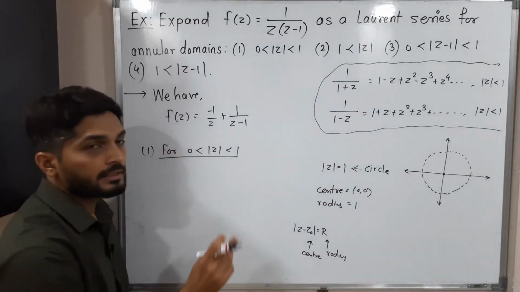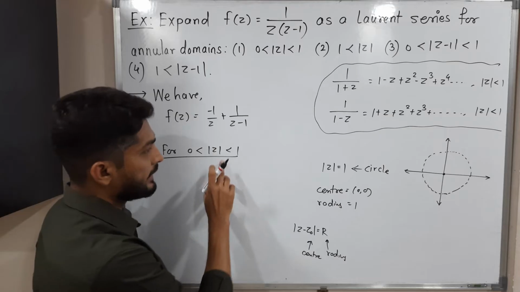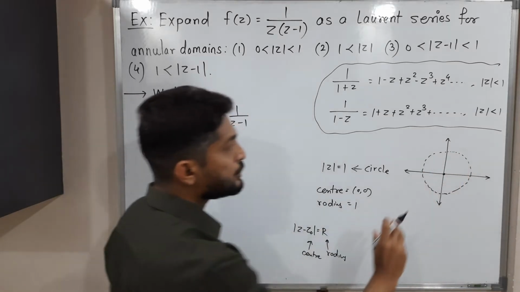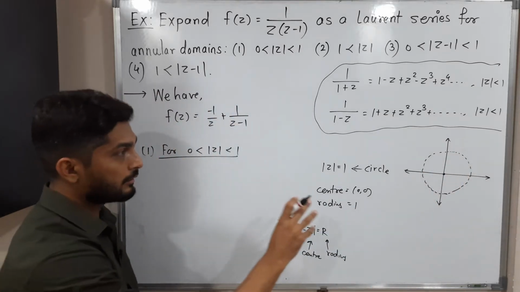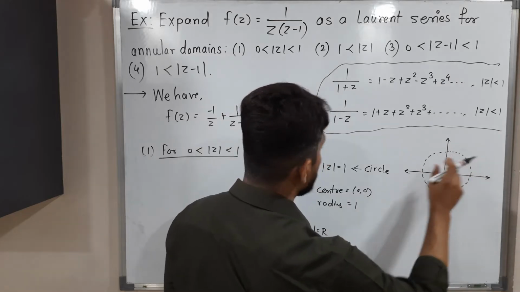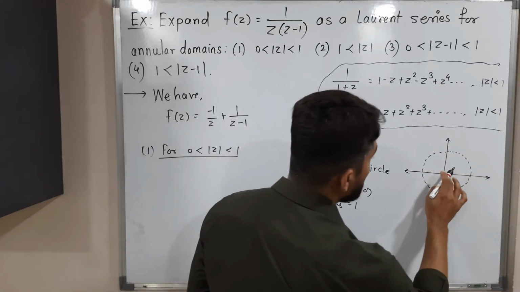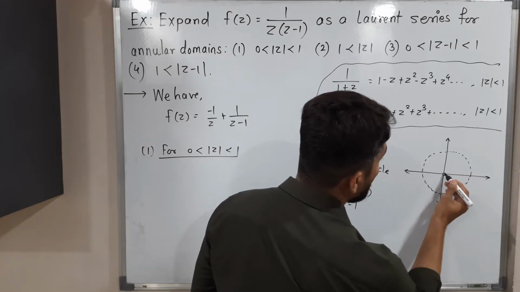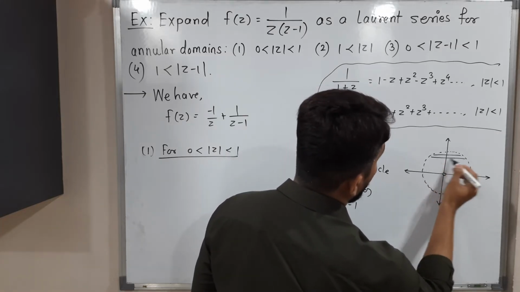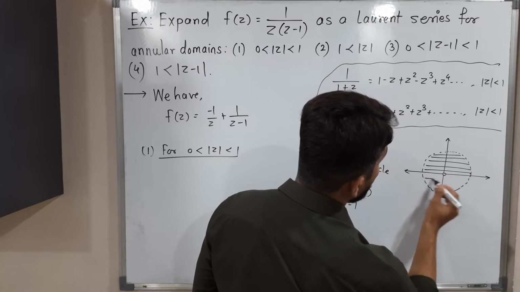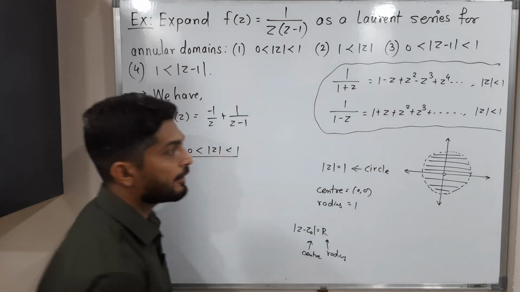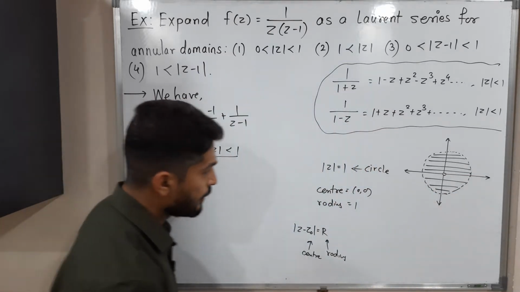Because here we have strictly less than. That means we have to consider this open disk. And mod z is strictly greater than 0, which means the origin is removed from it. So such a disk we have. This is the region of convergence. For this disk, we have to find a Laurent series. Okay, so let us go further.